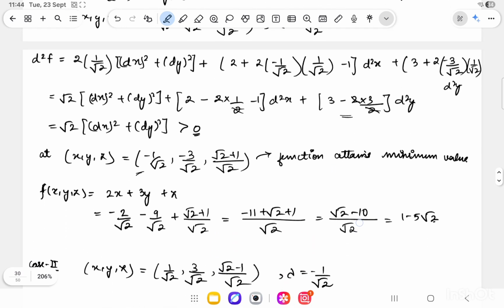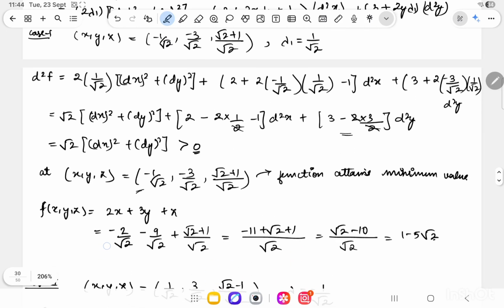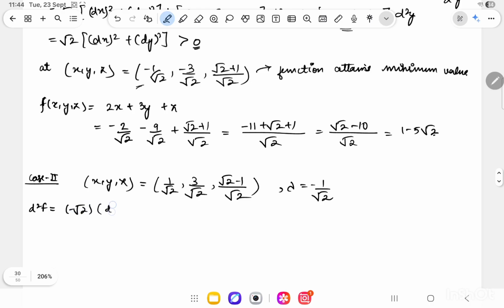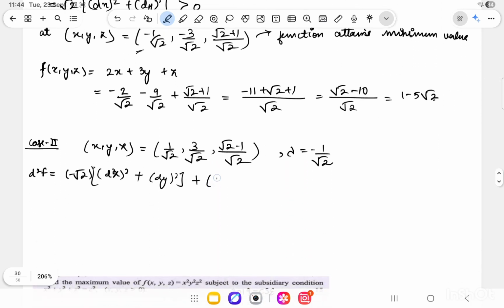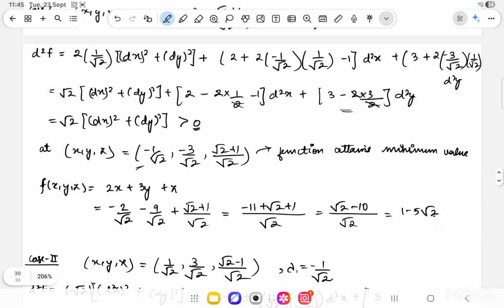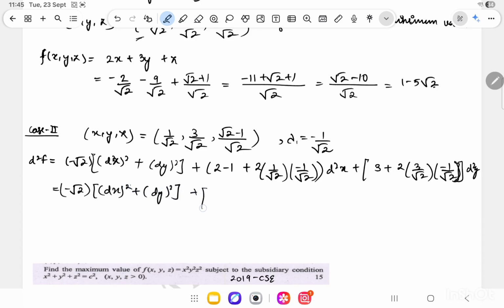So if I check the values of d square f at this point, that will be basically 2 lambda 1, that is minus of root 2 into d square dx square plus dy square plus 2, plus 2x lambda 1 plus lambda 2, that is 2 minus 1 plus 2 into x, that is 1 by root 2 into lambda 1, that is minus 1 by root 2 into d square x plus 3 plus 2y lambda 1 plus 2 into y, that is 3 by root 2 into lambda 1 minus 1 by root 2 into d square y.